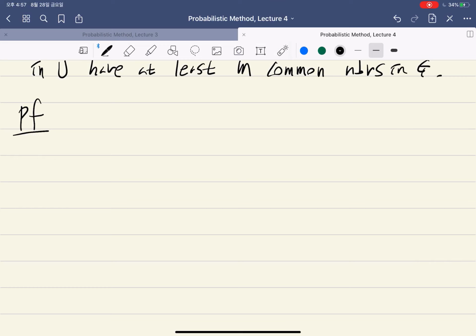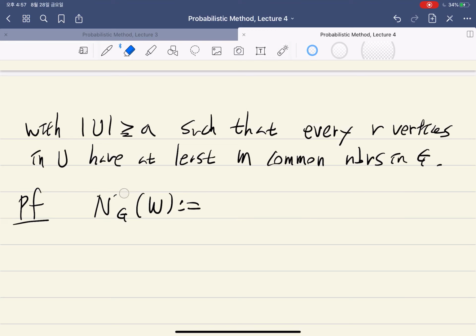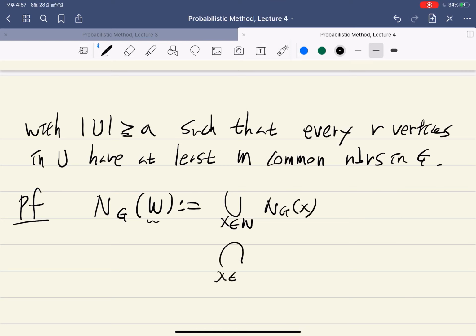Somehow we want to choose some set so that, let's say, we have this W1 and W2, two sets. Before that, let's write this. So we add a star. In many cases, if we write the neighborhood of G or neighborhood of a vertex set, it could mean two things: either the union of all neighborhoods of the vertices in there, or the intersection of the neighborhoods of the vertices there.